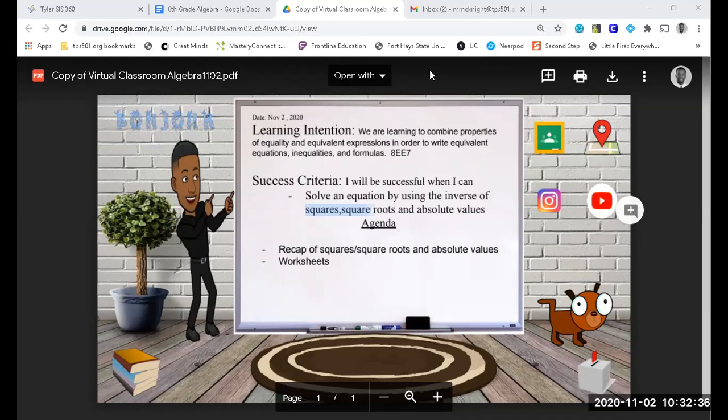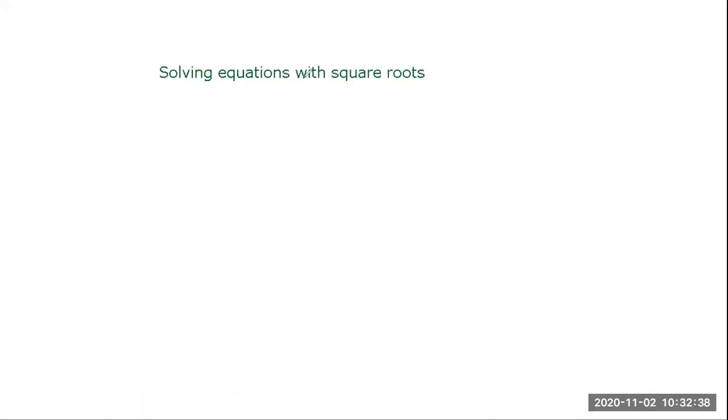So the next thing we're looking at is questions with square roots. So what is the inverse of square roots? If the inverse of squares is square roots, what is the inverse of square roots? Let me write it so we could see for the people on Zoom as well.